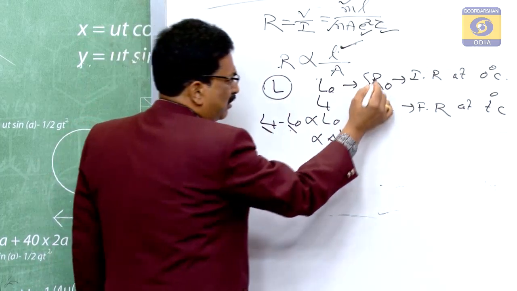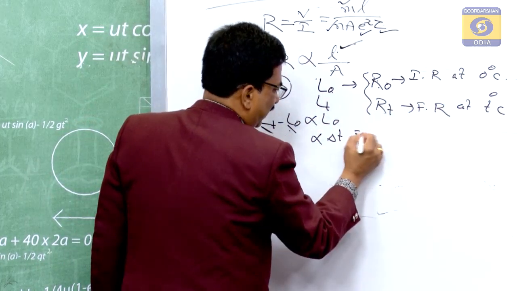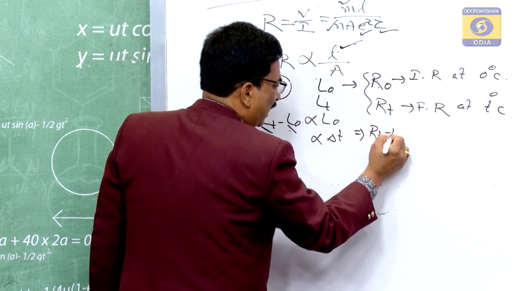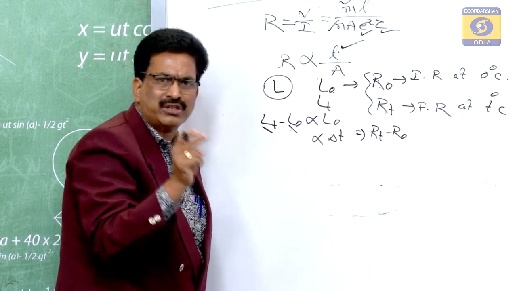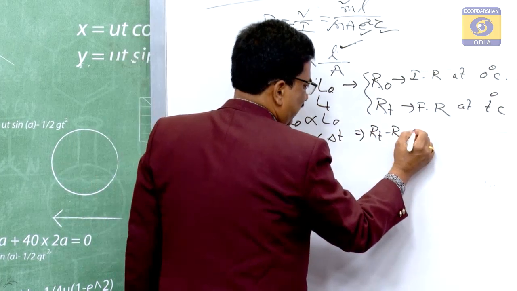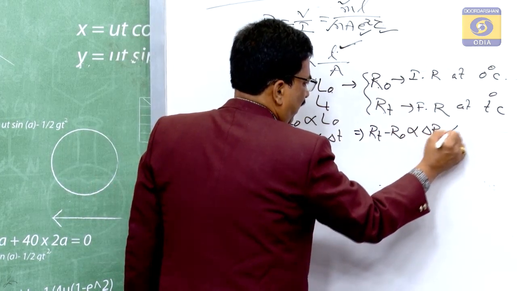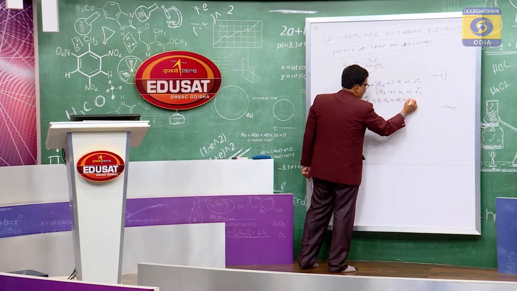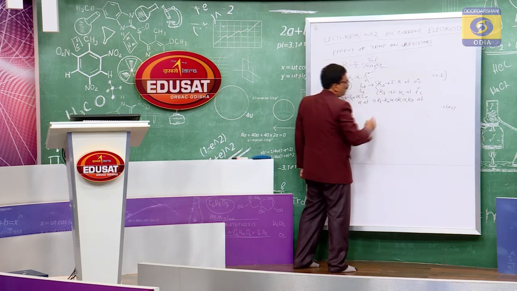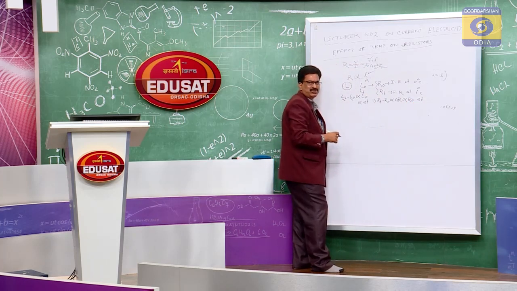So this is R0 and this is RT. It shows that RT minus R0, which is the change in resistance, is proportional to the original one and the change in temperature, ΔT.